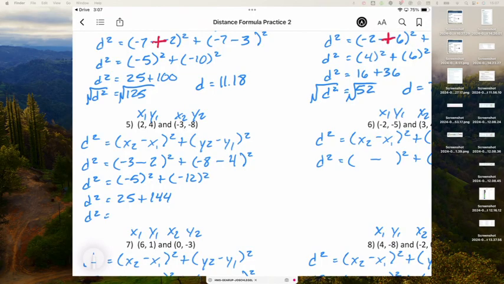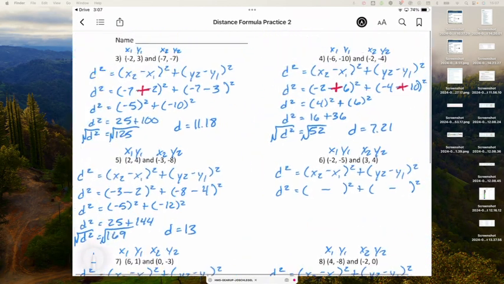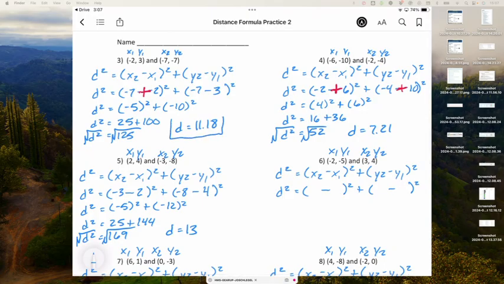We get 169. Square root both sides. And we get straight up 13 even. That's pretty cool. I should probably box in my answers here for you guys because it's kind of out there.